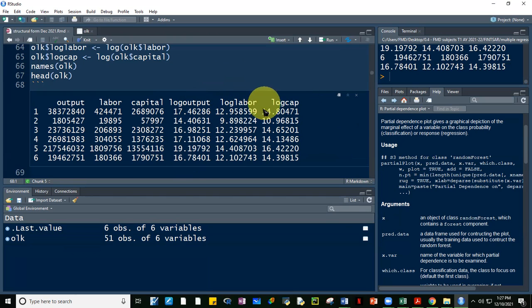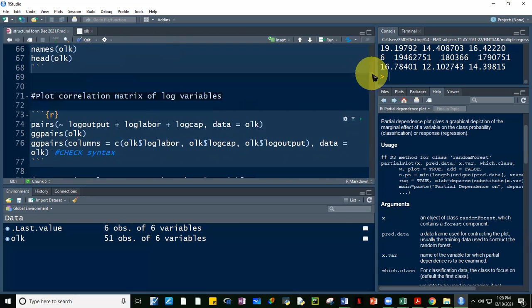So we're going to use these variables and create a regression model. Since we're working with all log variables, kaya nga ang tawag sa kanya double log or log-log model. So that's the reason why our first example is the log model.